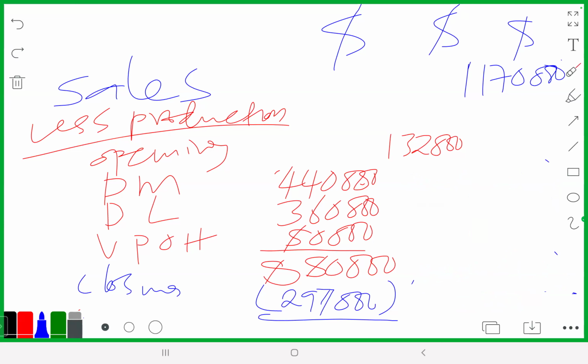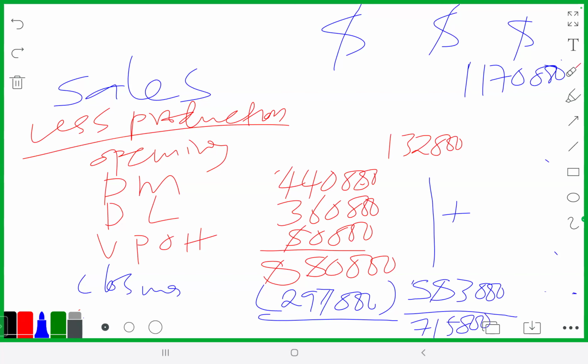That's 583,000. So you can add this to the opening stock. What do we get? Hoping that we have not lost anyone. Everyone is okay. That's 715,000.